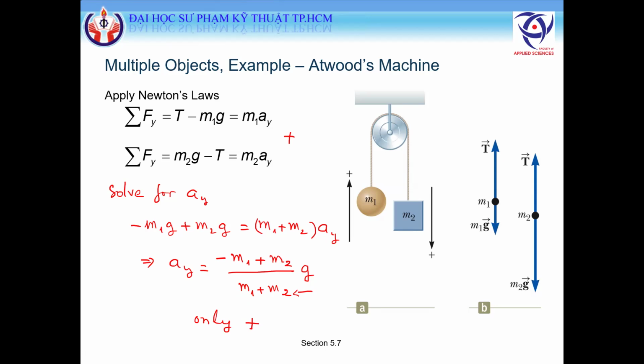In the numerator, it can be negative or positive, depending on the problem. But the denominator here is always the sum of the masses. Later you can have something different, but all of the quantities in the denominator will be mass, or will have the dimension of mass.